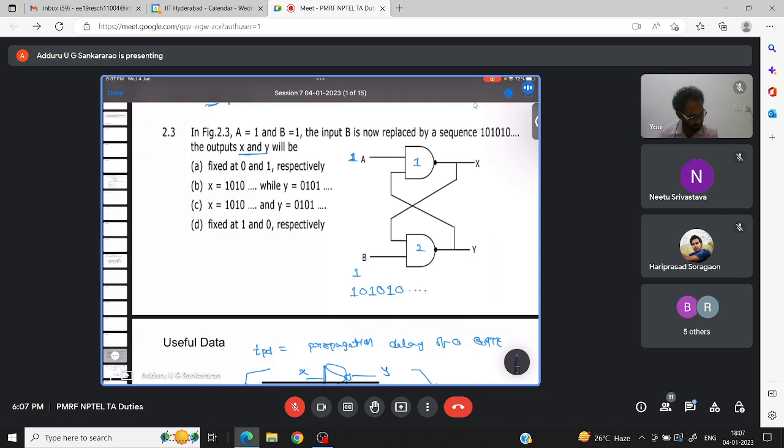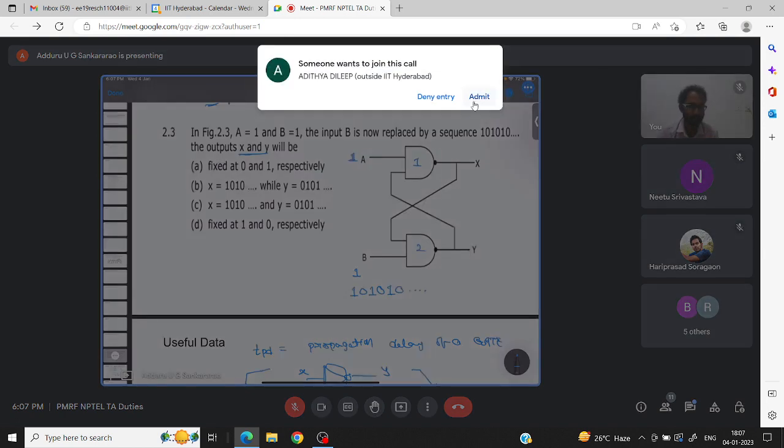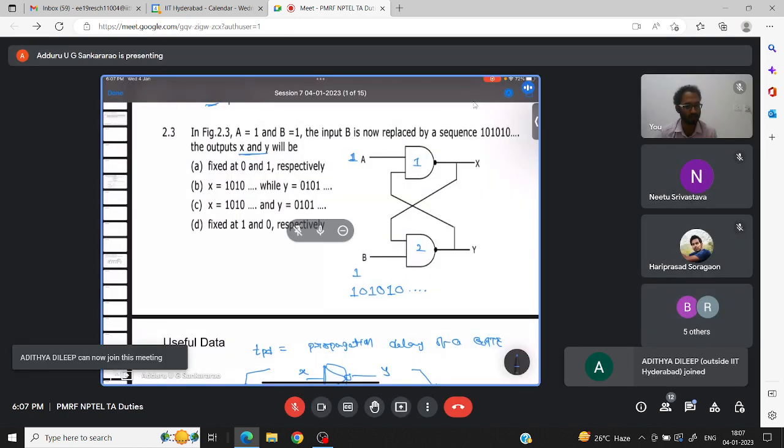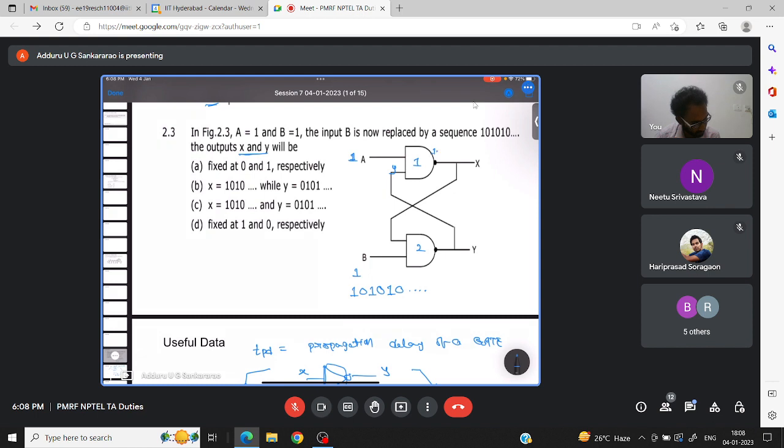So what will happen now? Since NAND gate 1 responds faster, and there is a feedback, first we will calculate the NAND gate 1 output. Y is going here. So for this NAND gate, what is the output? 1 NAND Y, whole bar. 1 and Y is 1 only, whole bar is 0. So X is 0, output is 0.